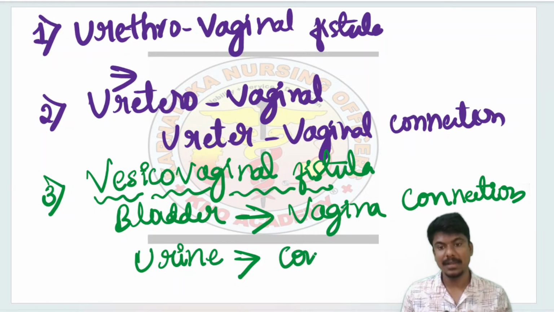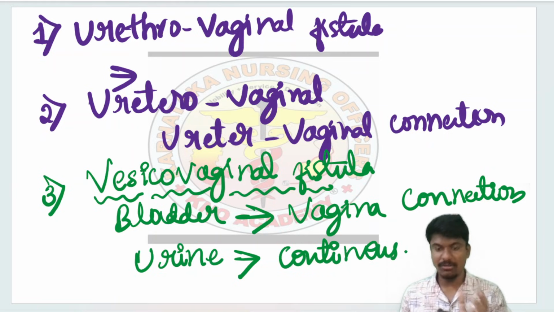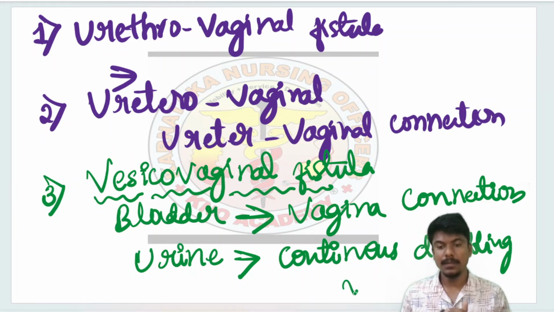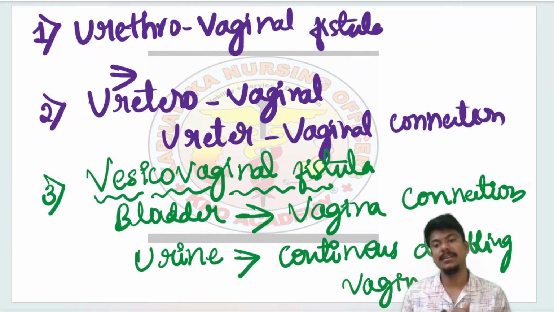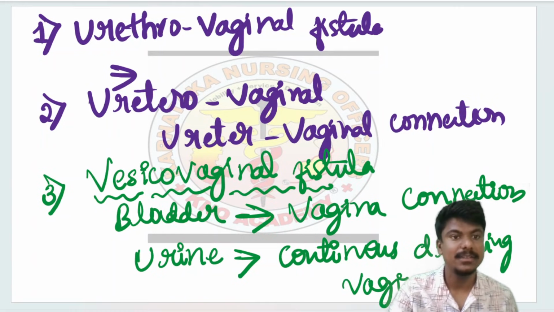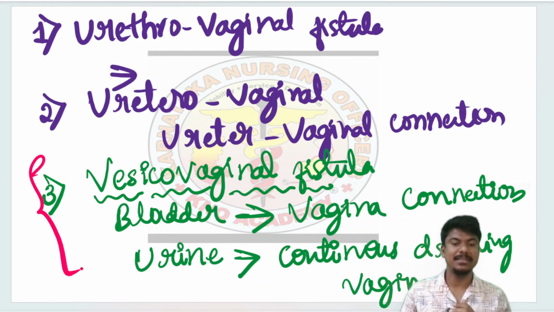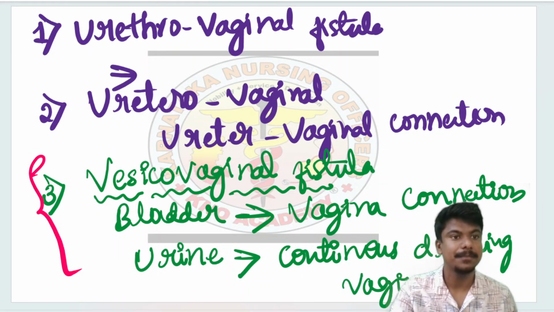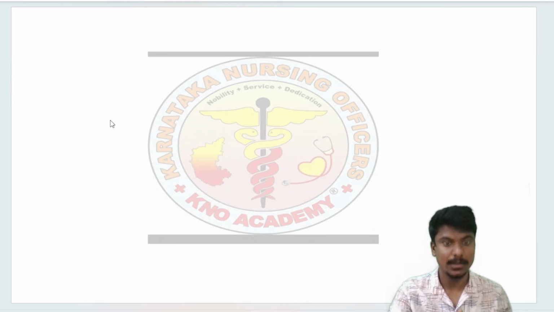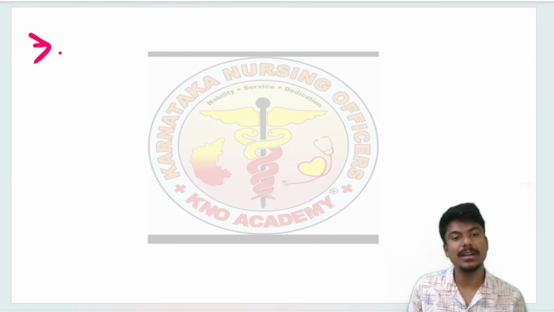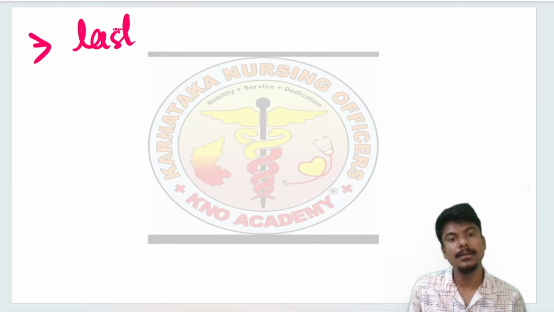The urine will not stop, it will be continuously dribbling from the vagina. What will happen at the last trimester?